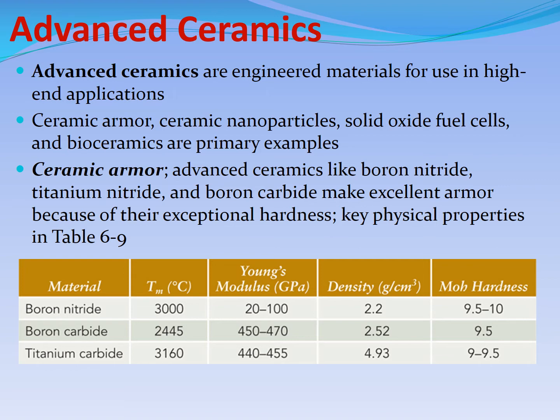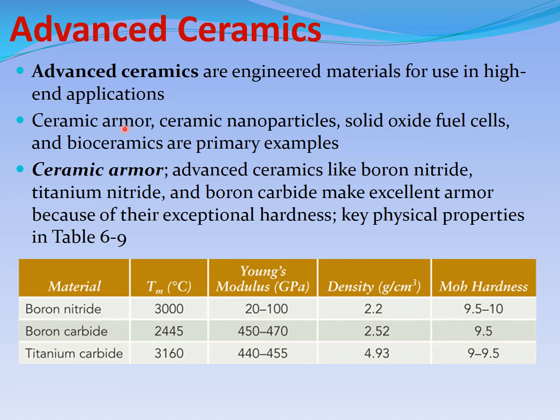Depending on the use, depending on the industries for which you make them, you have categorized them. These are abrasives, these are white wares, these are cement type. Now advanced ceramics, very advanced ceramics. We have told you in material science that they are engineered materials, not natural, for high-end applications.